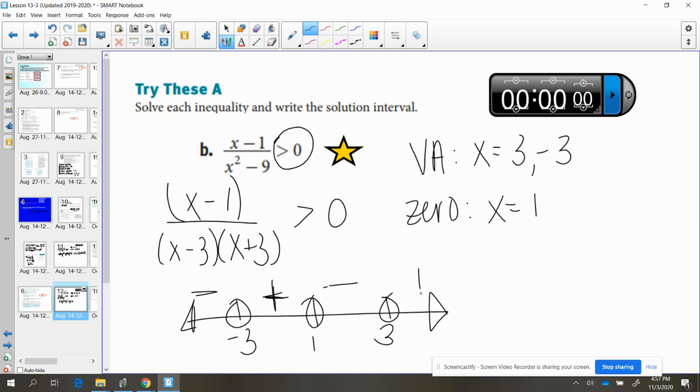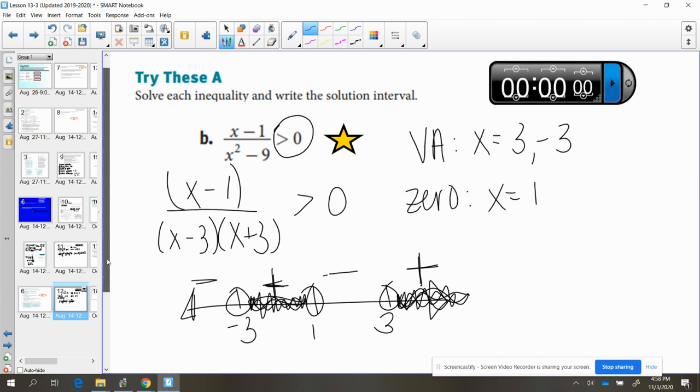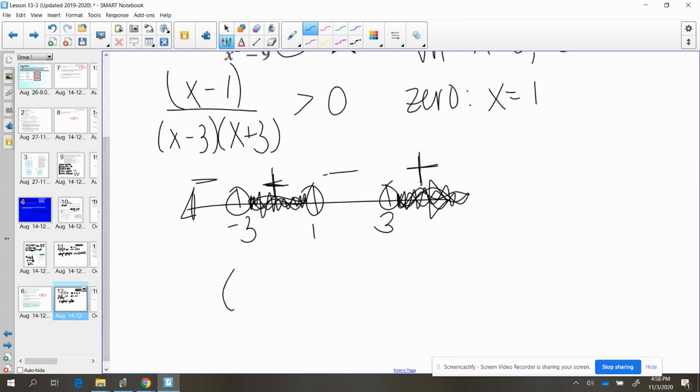And then a large number will create all positives to be a positive solution. So from negative 3 to 1 is where this is greater than 0, and from 3 to infinity is where this is greater than 0. So we finally have a solution of negative 3 to 1 and 3 to infinity.